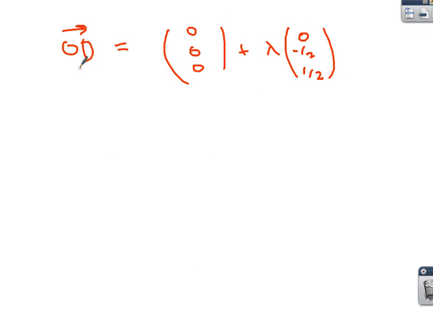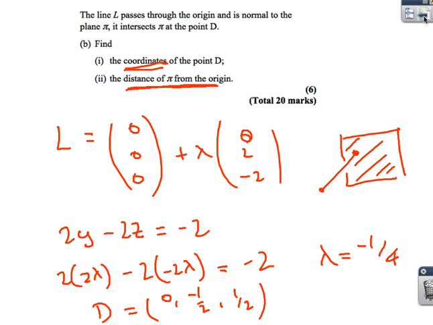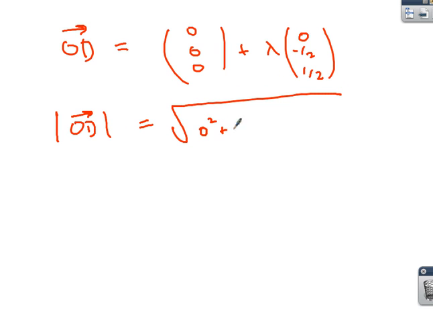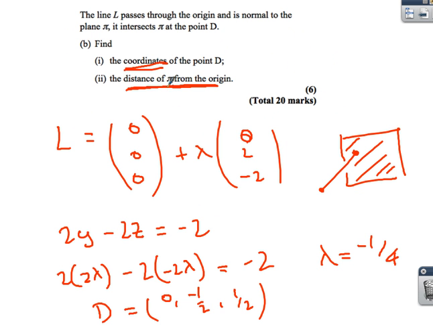Okay, so that's the line that goes from O to D, and the distance, therefore, is the distance of OD. And I do the same as before, where obviously 0 squared plus negative a half squared plus a half squared. And if I work out that, I end up with 1 over root 2. So there we go, that is the distance of the plane from the origin.